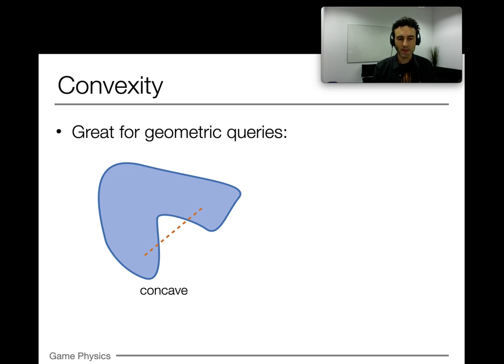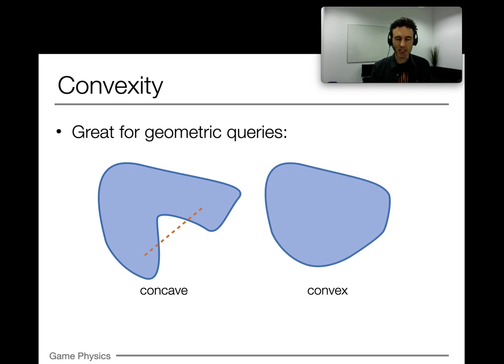We can have objects that don't collide. If I put something in here, they're not colliding, but I will not be able to find any viewpoint from which I can see that the objects are not colliding. So these we really want to avoid.